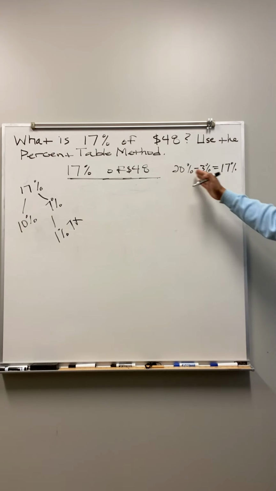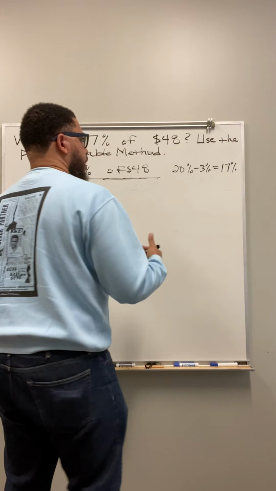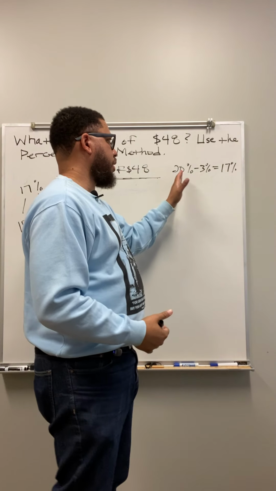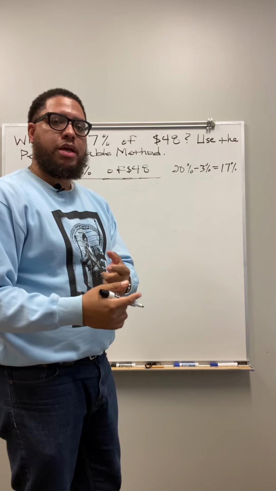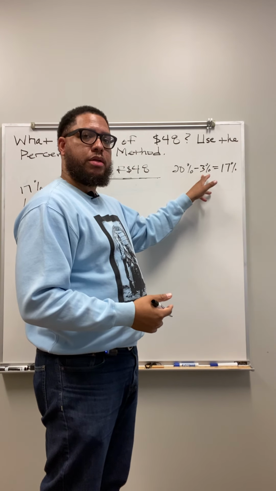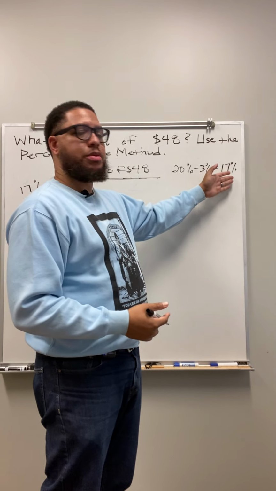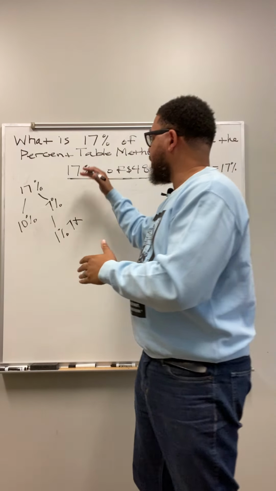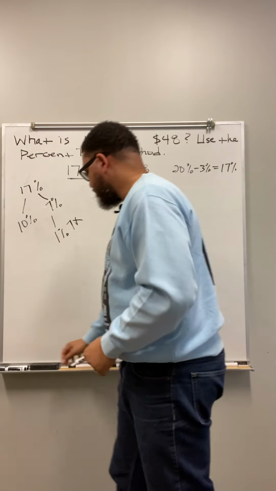If I can figure out what 10% is, I just double that to get to 20%. Then I find 1%, multiply that by 3, because 1% times 3 is 3%, and that gives me 17%. That might sound a little confusing, but when I break this down in the percent table, it should make a lot more sense.